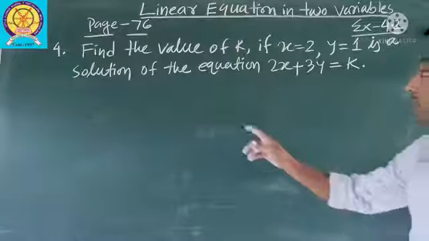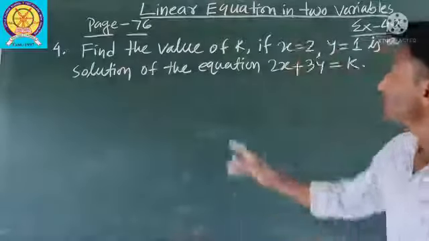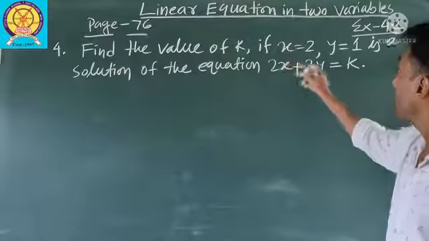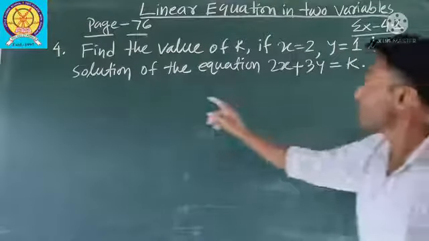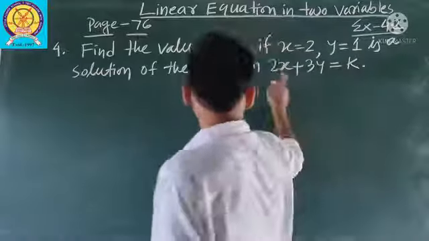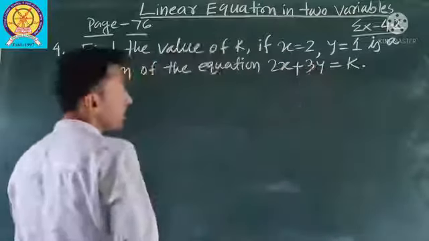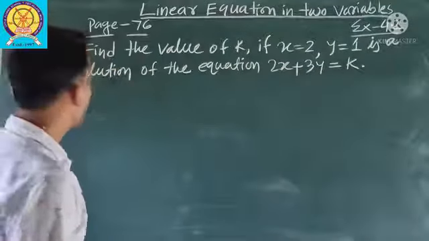Let's see the next question. Question number 4. Find the value of k if x equal to 2, y equal to 1 is a solution of the equation 2x plus 3y is equal to k.